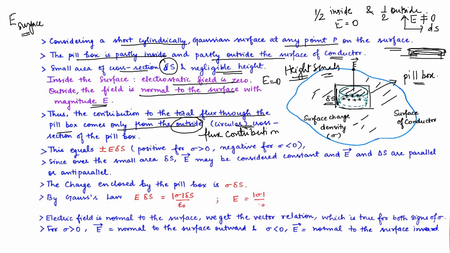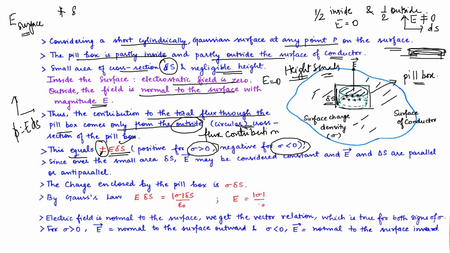For the circular cross section of the pill box, the flux is equal to plus or minus E del S. Now, we have taken plus and minus. In what case is it plus? It is positive when the surface charge density is positive, and negative when the surface charge density is negative.